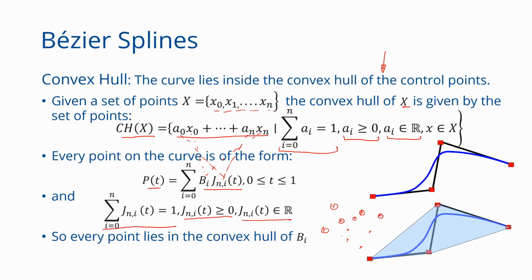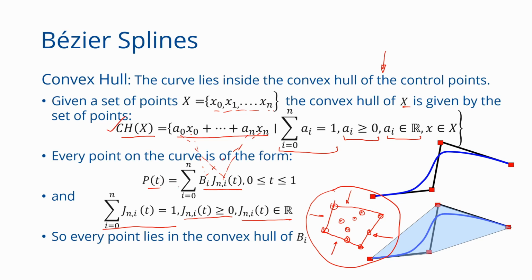So you are pushing board pins into the screen at all these points. Then you take a large rubber band around all these points and you leave that rubber band. What will happen? This rubber band will get stuck at the outermost points. Then the shape that this rubber band will get stuck at is the convex hull.